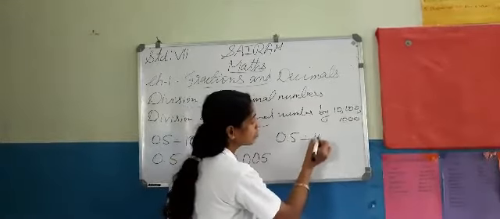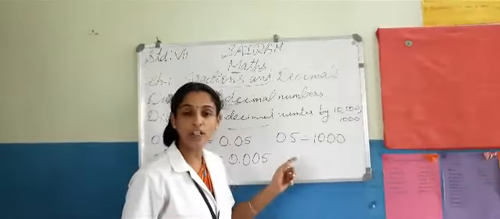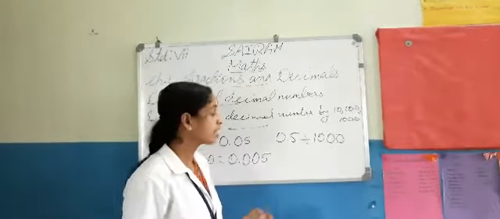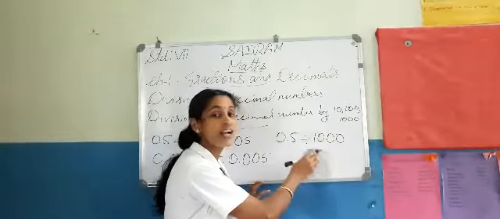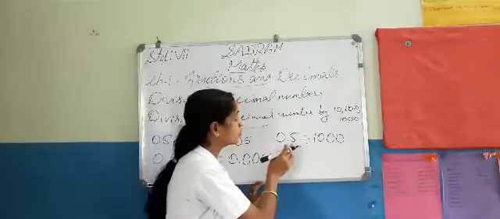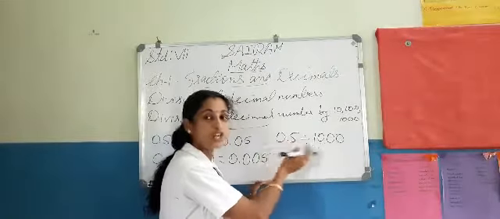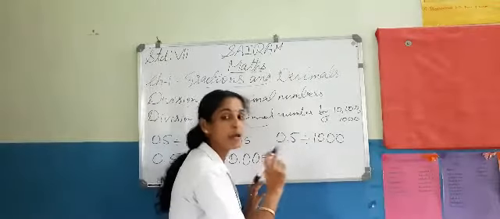Another example is 0.5 divided by 1000. Here to divide 0.5 by 1000, in 1000, how many zeros are there? Yes, there are 3 zeros. So move the decimal point to the left by 3 decimal places.